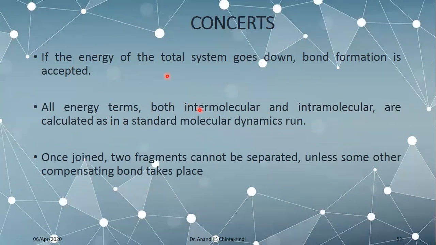Now it will search for another fragment to come in close vicinity of the one, say x1 molecule. Say x4 will now come in the vicinity of the x1 molecule, and if the energy of the total system is now going down, that is accepted. Now, once joined, these two fragments cannot be separated unless some other compensating bond takes place.